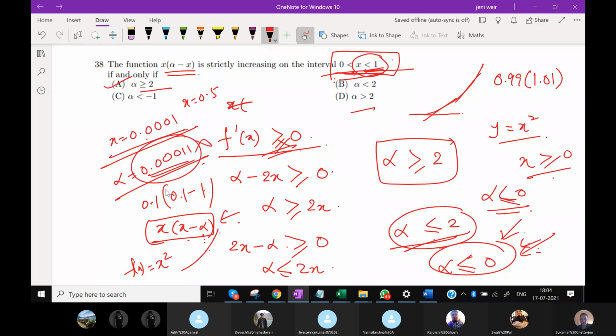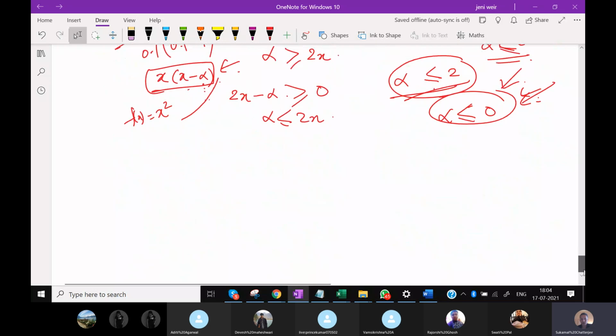No. Then this becomes negative. From positive to negative means it's a decreasing function. So if it has to maintain the positivity and be continuously increasing, then alpha has to be greater than or equal to 2. You should be very careful when you're dealing with these kinds of questions.